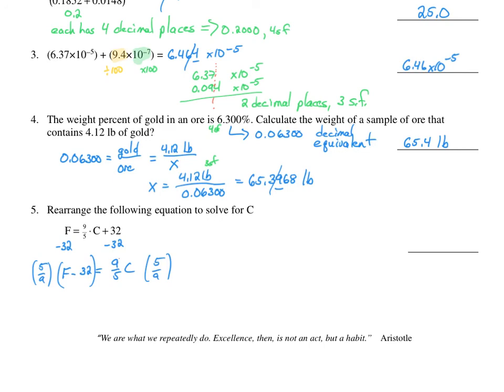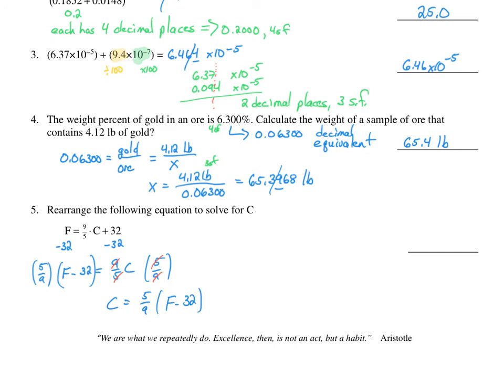What this does is allows these 9s and 5s to cancel. And our final answer is going to be C is equal to 5/9 times F minus 32.